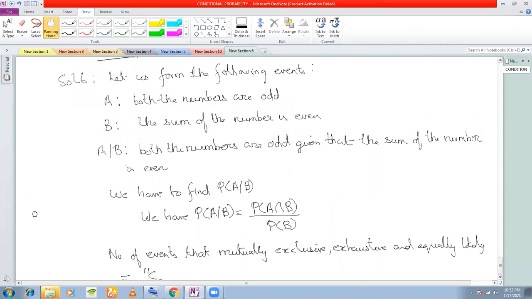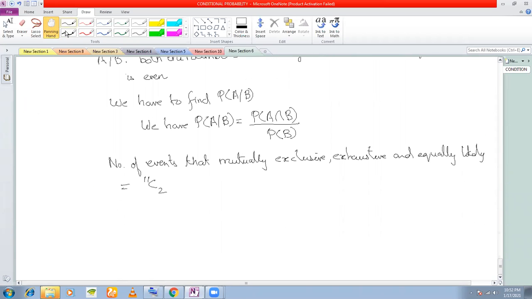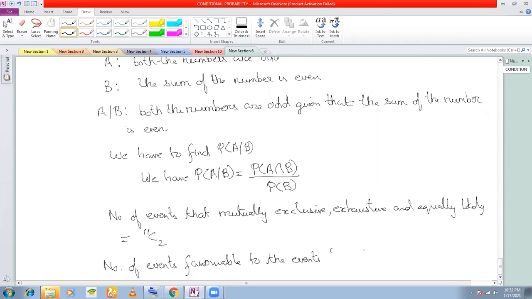Now look at the event A: both the numbers are odd. Number of events favorable to the event that both the numbers are odd.